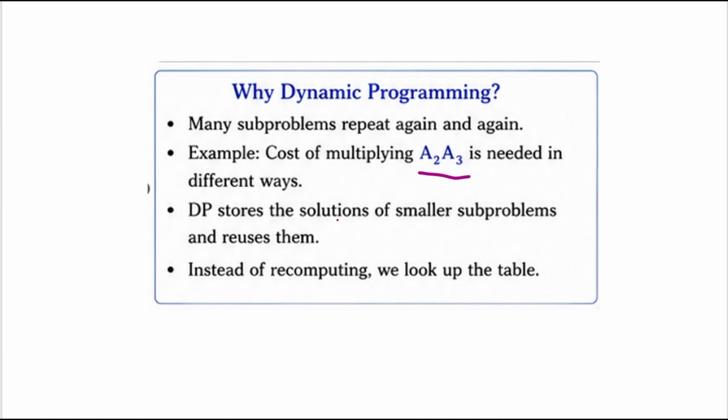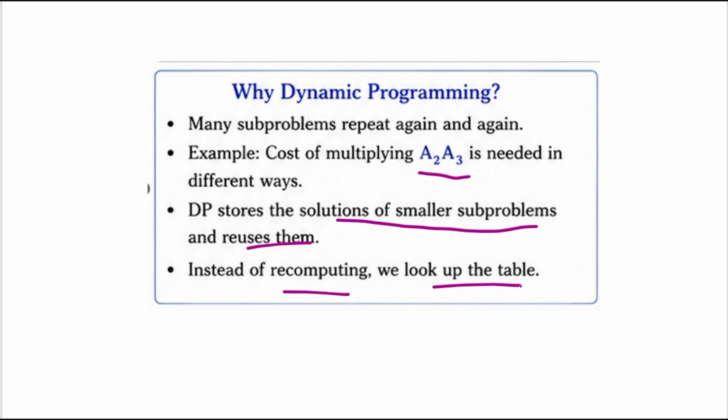So DP stores the solutions of smaller subproblems and reuses them. Instead of recomputing, we look up the table. So we split the complex problem into smaller ones, find the solution of each subproblem, and store all the results in the DP table, the dynamic programming table. Then later we use those calculated values for the optimized solution.